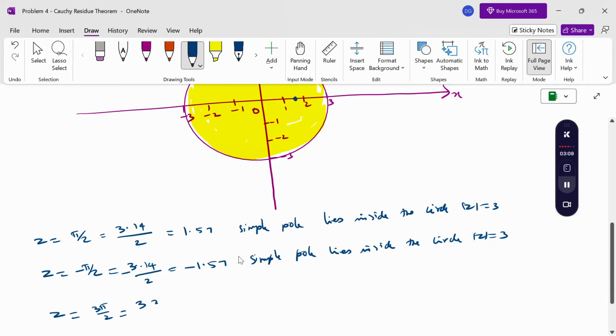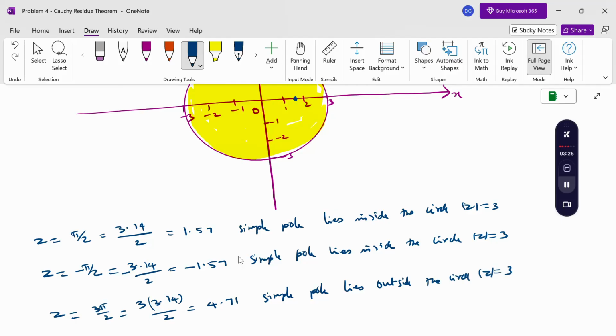Then Z equal to 3 pi by 2, so 3 into 3.14 by 2, is 4.71. This is also a simple pole, but it lies outside the circle.